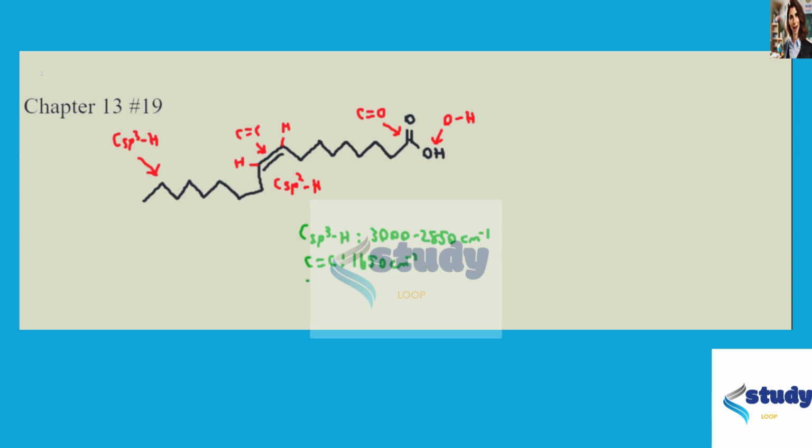Our sp2 C-H bond is going to show at 3,150 to 3,000. And then we have our carbon double bonded to an oxygen, and that is going to show at about 1,700.